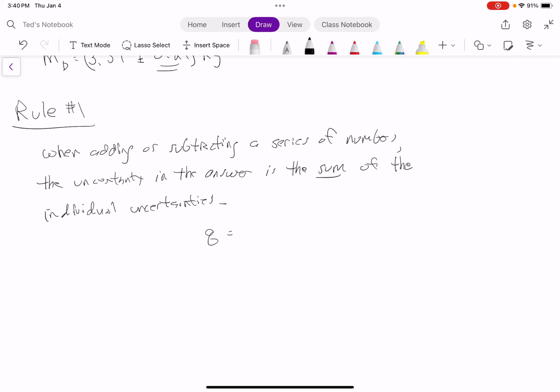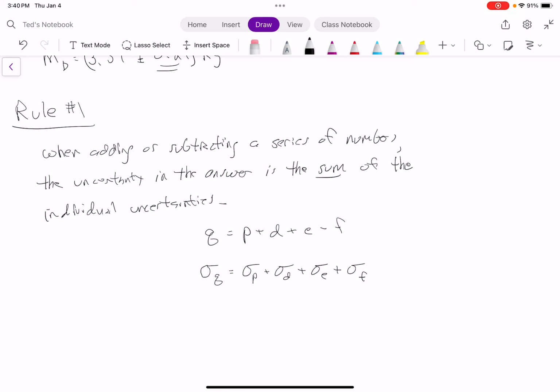Q was equal to P plus D plus E minus F, then if I wanted to know the uncertainty in Q, it would just be the uncertainty in P plus the uncertainty in D plus the uncertainty in E plus the uncertainty in F. Now I'm writing uncertainty here as sigma.